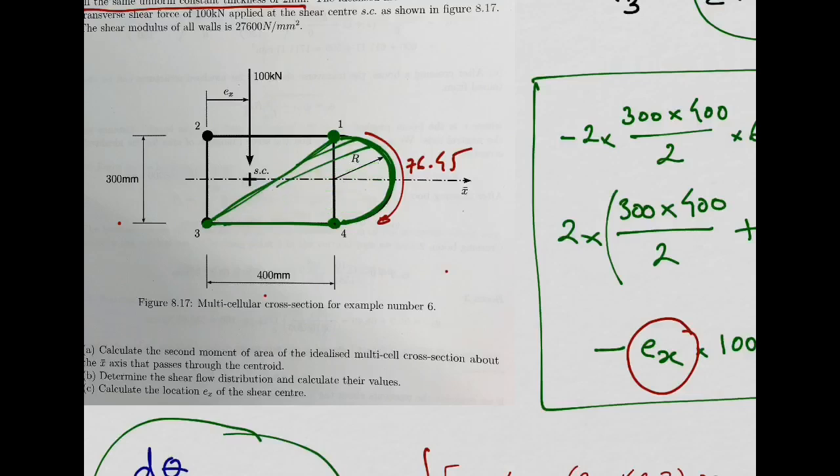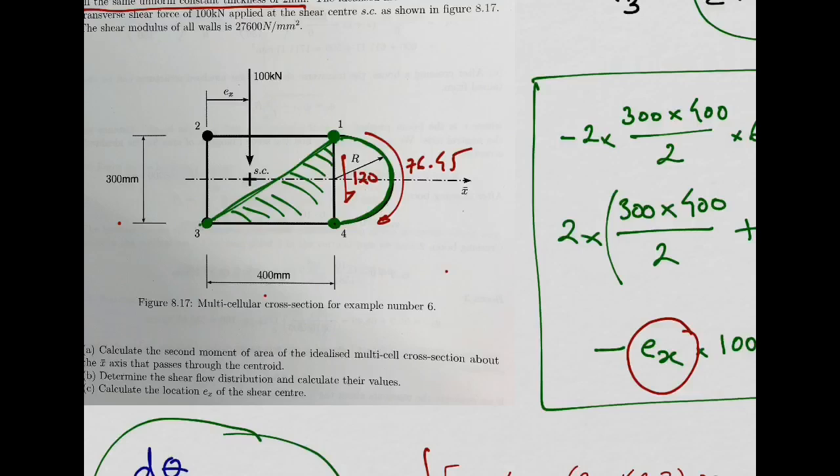Sometimes you can have this error. You have these 3 booms, boom number 3, number 1, and number 4, and you tend to use this area only. But that is not correct. Why? Because this area is for the shear flow in this wall, which was 120, and you are not calculating the moment produced by this 120.